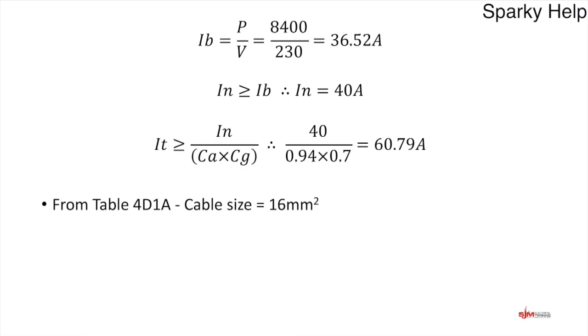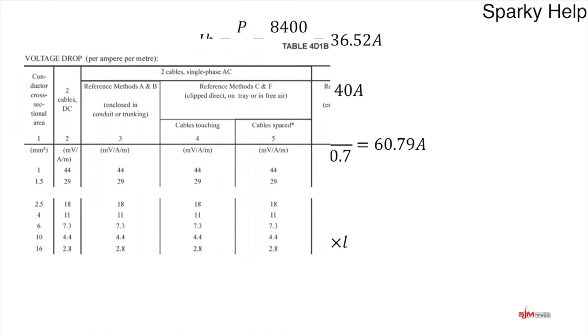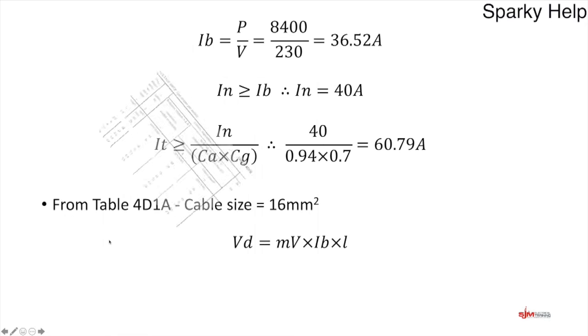So that's our cable size, but remember the last thing we need to check is volt drop. Volt drop is based on millivolts times IB times the length. Remember the millivolt we need to find. That would be the next page over, and we know our method, it's single phase, method A or B because it's enclosed in trunking, and look at 16 mil, and it's 2.8 millivolts we're looking for for that particular circuit.